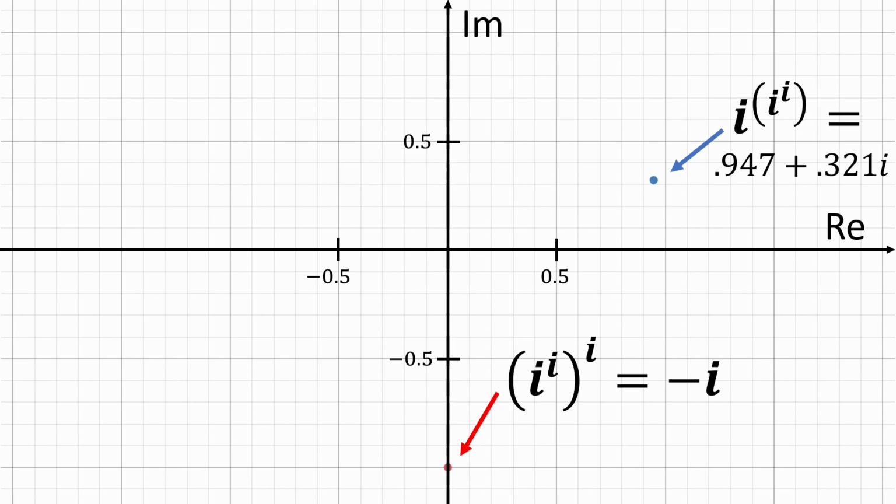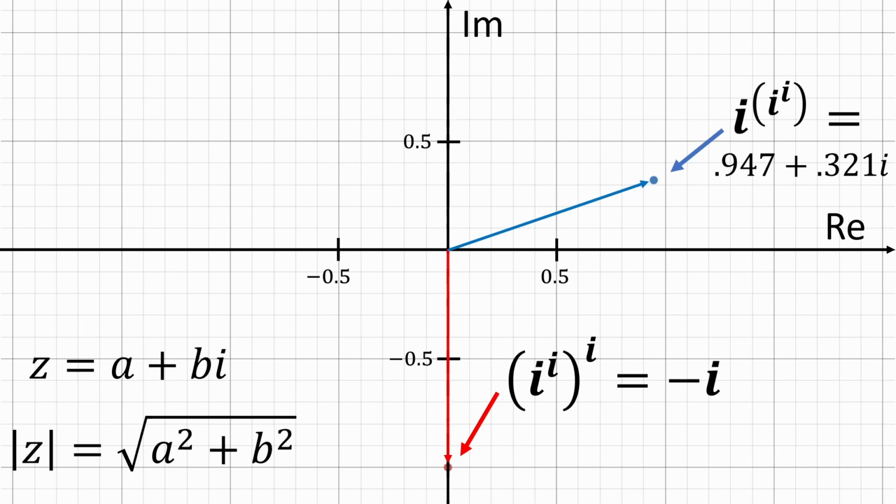A reasonable approach to assessing their size would be to find their distance from the origin. This makes perfect sense. After all, on a regular one-dimensional number line, the distance of a number from 0 represents its size. When working with complex numbers, we call this the modulus. The formula is easy. For a complex number z equals a plus bi, the modulus, denoted by the absolute value symbol, is the square root of the sum of the squares of the real and imaginary parts.